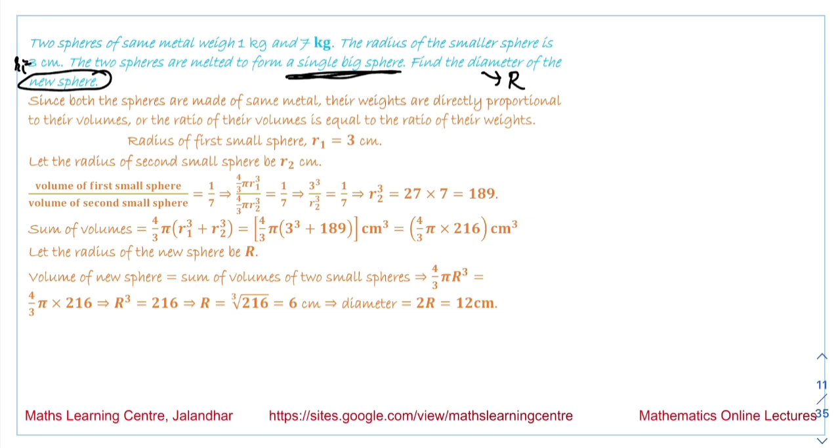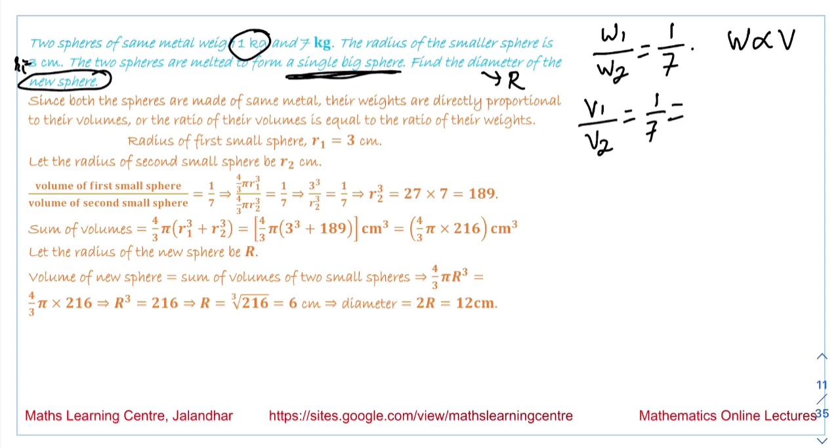Now it is given that the ratio of the weight of the first sphere to the second sphere is 1:7, and we know that weight is directly proportional to volume. It means the ratio of the volume of the first sphere to the second sphere is 1/7. So if we write the formula for both of these, we get 4/3 pi R1 cube over 4/3 pi R2 cube.